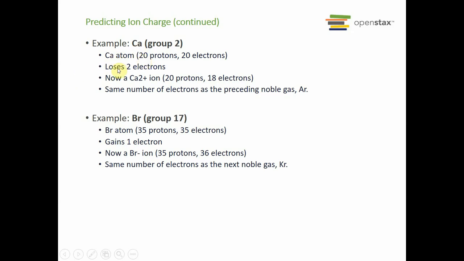A calcium atom loses 2 electrons, and now a calcium 2+ ion has the same number of electrons as the preceding noble gas, argon. Example, bromine. A bromine atom, 35 protons, 35 electrons, gains 1 electron. Now a bromide ion contains 35 protons and 36 electrons, the same number of electrons as the next noble gas, krypton.